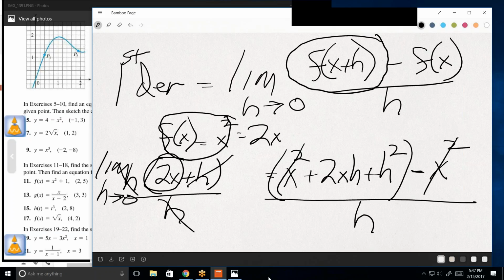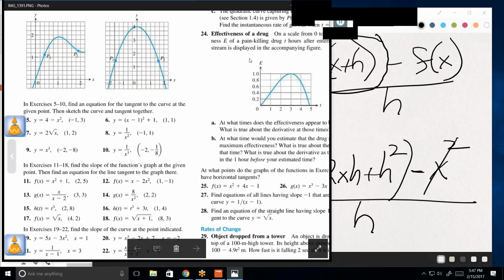I can't really tell by looking at this page. They don't say use the limit quotient definition here. It's kind of a question of if they haven't taught you the power rule, then you only have one way to do it, and that's using this definition.